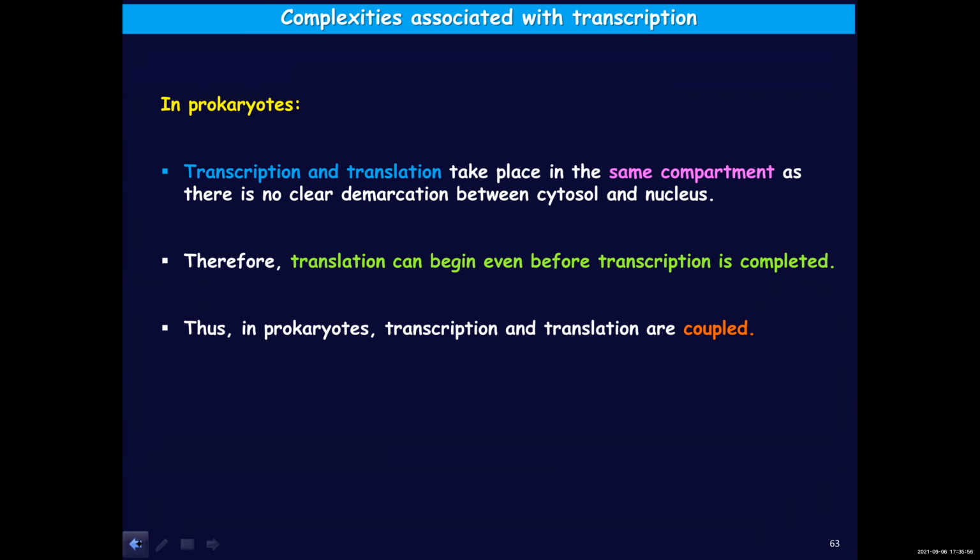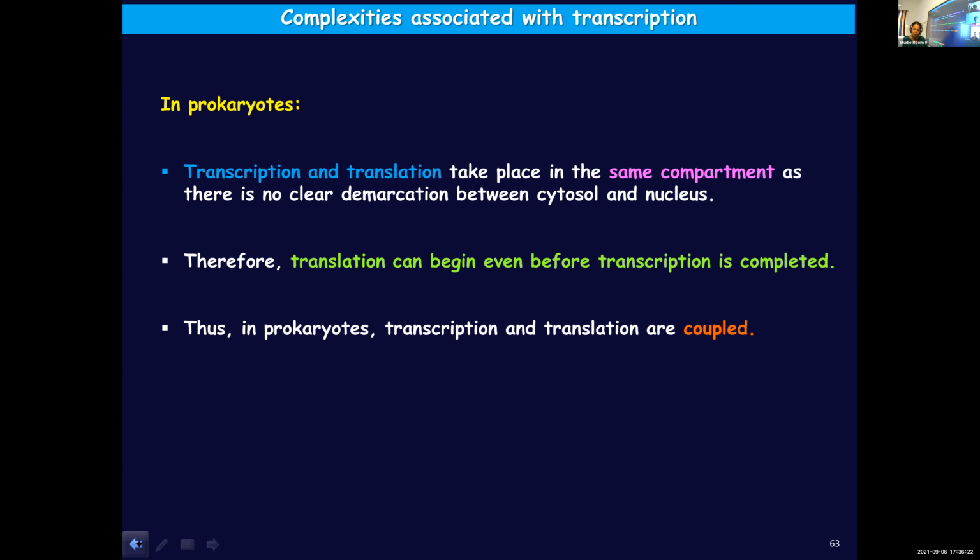But in prokaryotes, both can take place together. It's not necessary for transcription to be completed for translation to start. That is because they don't have a nuclear membrane to separate cytosol and nucleus. Hence, both processes take place in the same compartment.